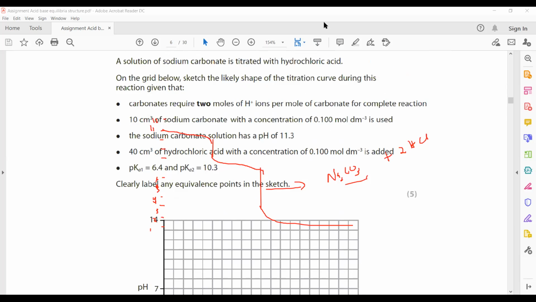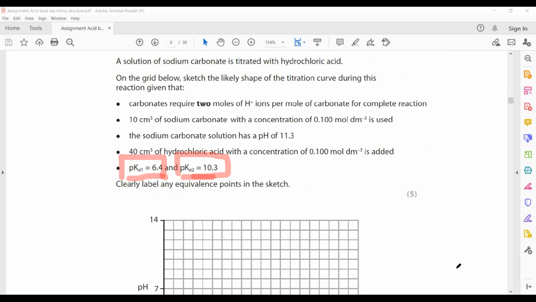That's why in the question they give you a hint here that pKa1 and pKa2, the dissociation constants for the acid, pKa1 is 6.4. So there will be one change at 6.4 and another change around 10.3.